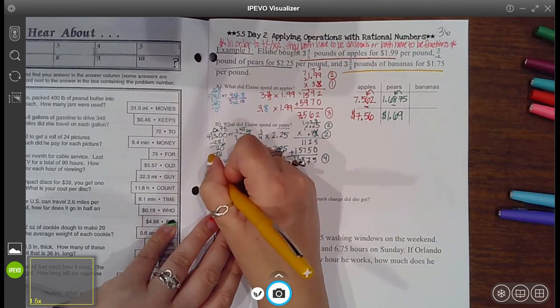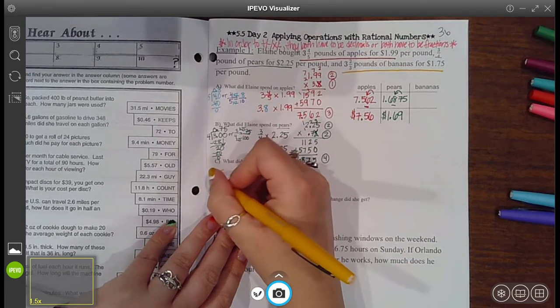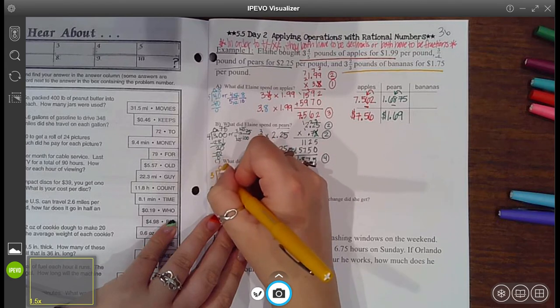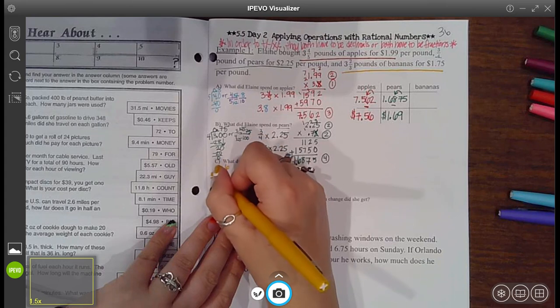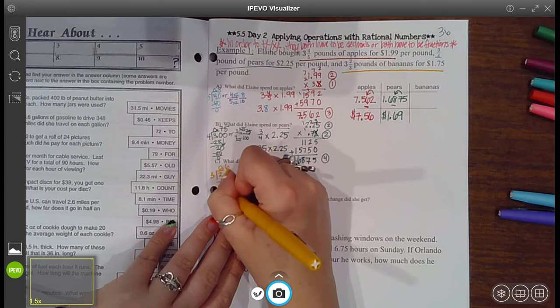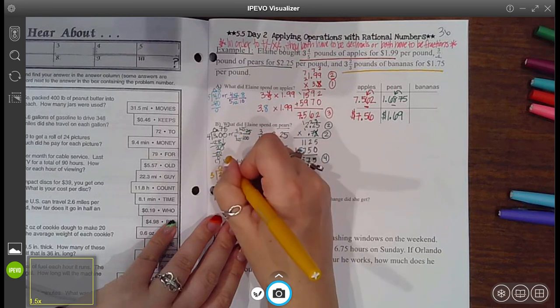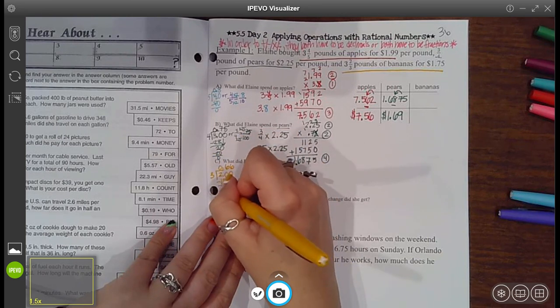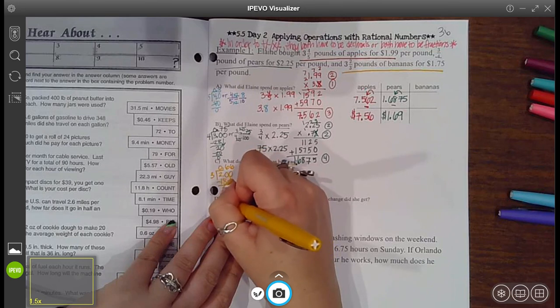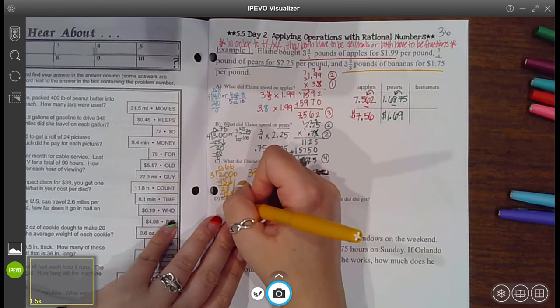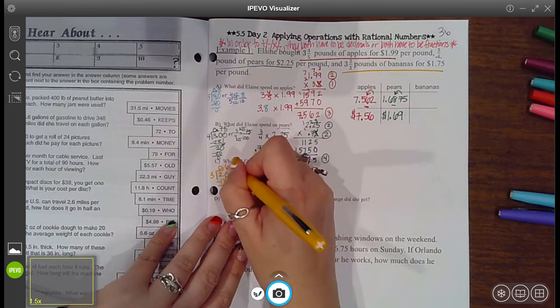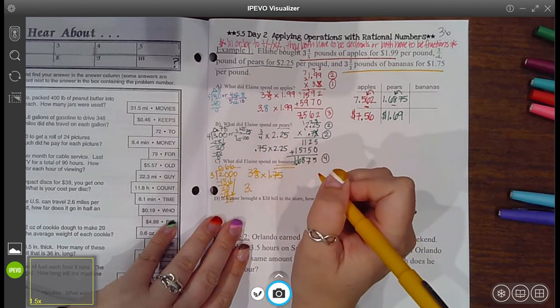So I would take the top, divide it by the bottom. 3 can't go into 2, but add a decimal and a 0. 3 goes into 20 6 times. When you subtract that, you get 2. Bring down a 0. 3 goes into 20 6 times again. When you subtract that, you get 2. Are you seeing a pattern? Bring down a 0. 3 is going to go into 20 another 6 times. This 6 is just going to keep going and going and going.